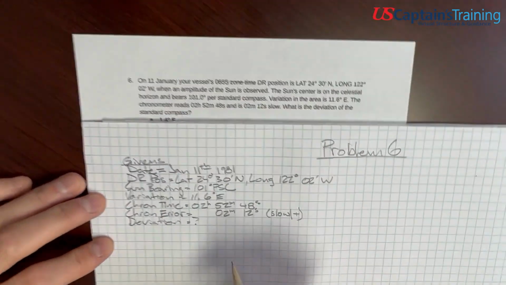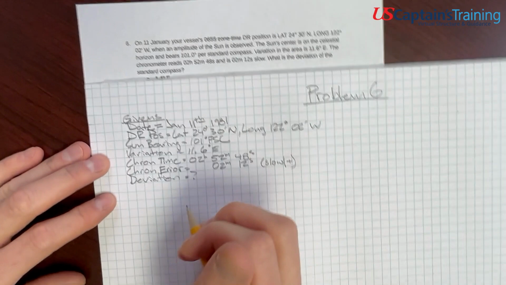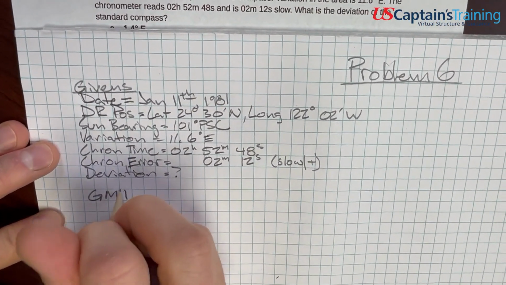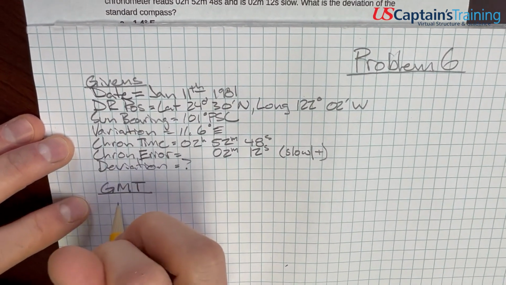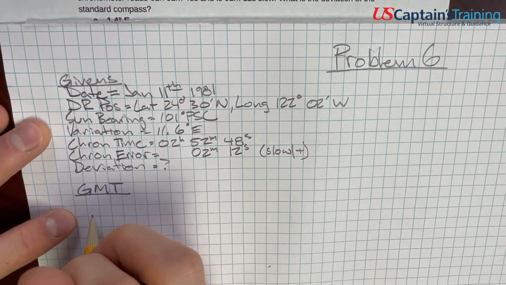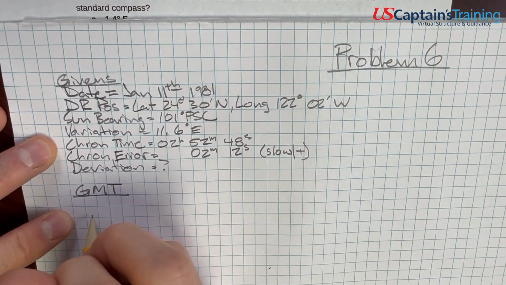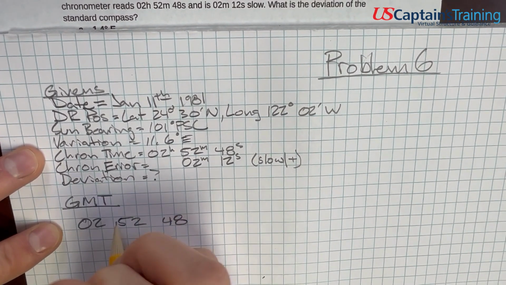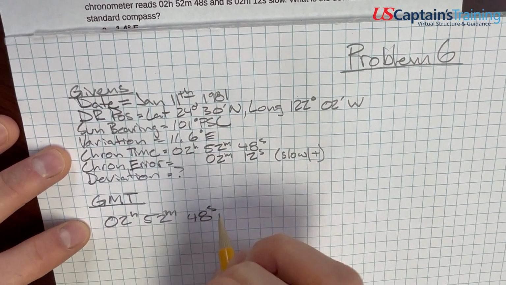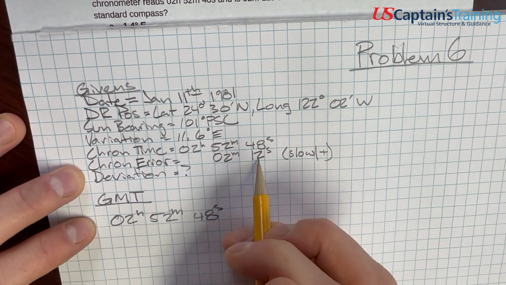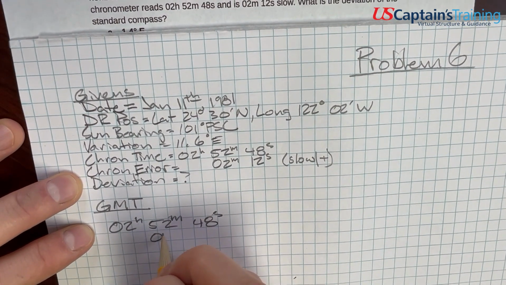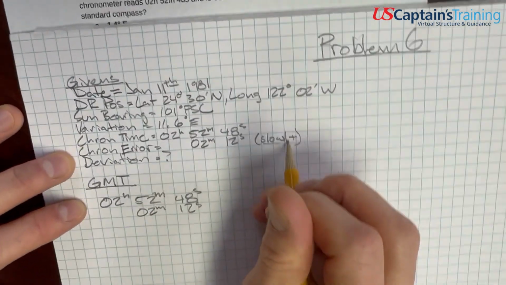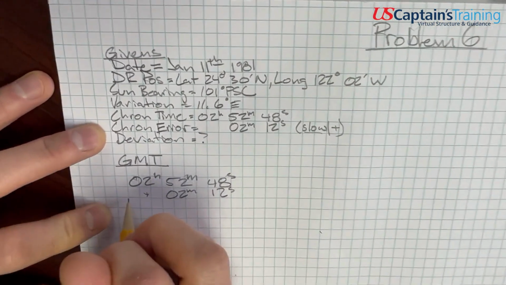First step, we need to find the GMT, the Greenwich Mean Time. To find that, we take the chron time, which is 2:52:48, and we correct it with 2 minutes, 12 seconds. It's slow, so we add it.